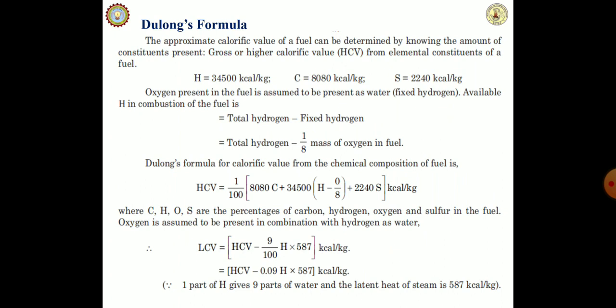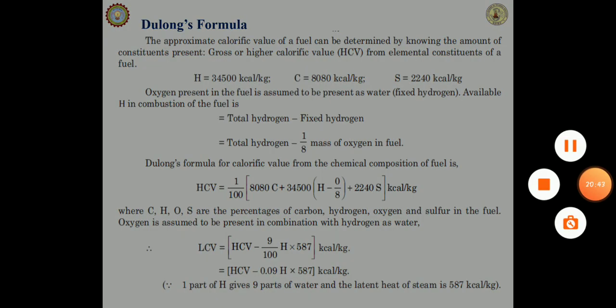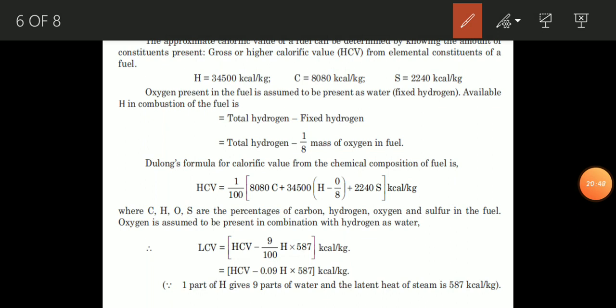It is a very simple formula. In this formula, HCV is equal to 1 divided by 100 into 8080 into C plus 3450 into H minus oxygen divided by 8 plus 2240 into S, in kilocalorie per gram.